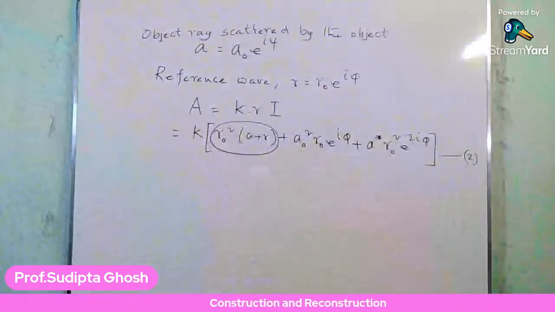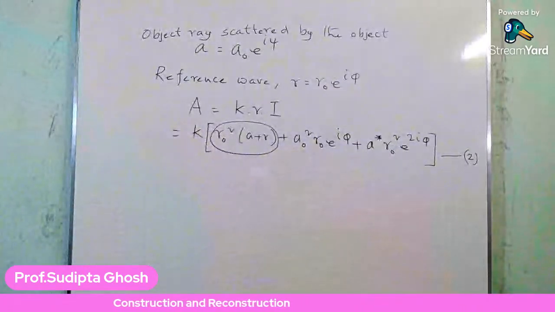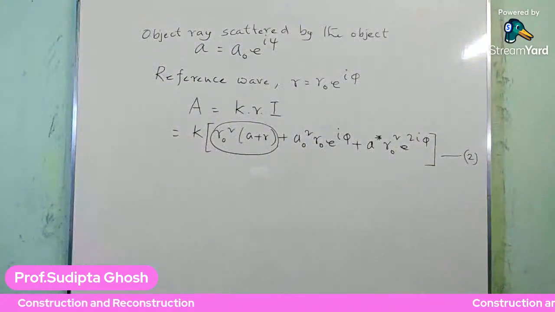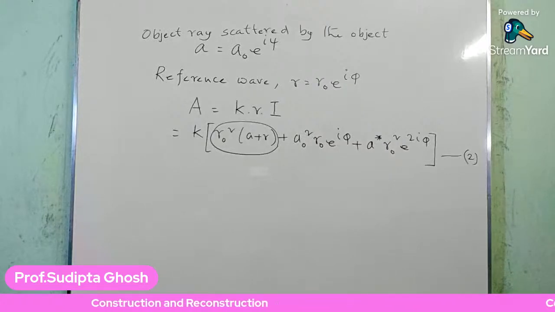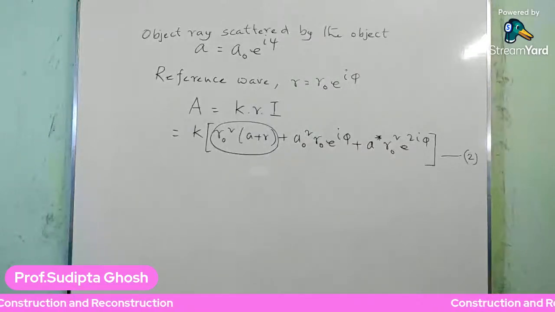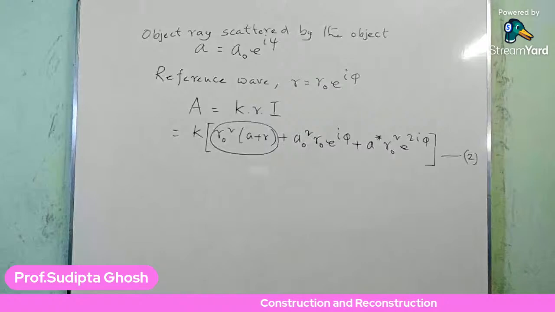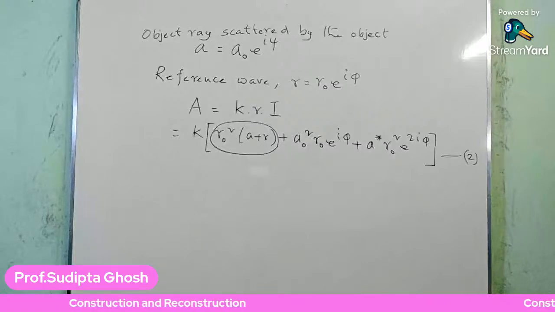Okay? Now, if the reference wave is strong, that is A0 square by R0 square is very much less than 1, if the reference beam is strong enough, then the second term, A0 square R0 e to the power I phi, can be neglected.